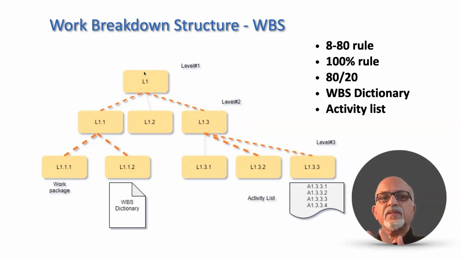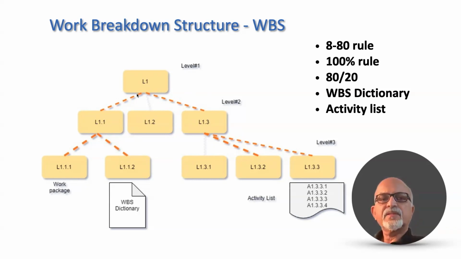Thus, we arrive at the work breakdown structure, or the WBS. The WBS has multiple levels, like level 1, level 2, level 3. It can go up to 5, 6, and 7, depending on the size of the project. At the lowest level of the WBS, we get the work packages.